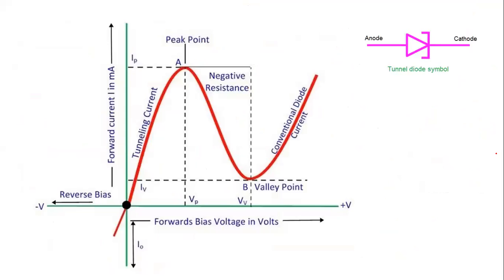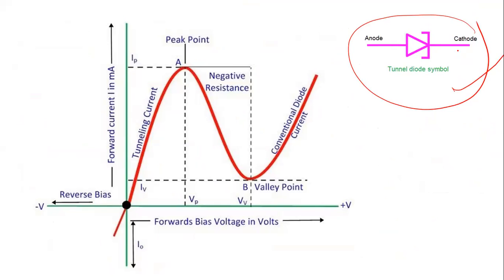The circuit symbol for the tunnel diode is this. It is a slight modification of the normal PN junction diode, just by putting this thing here, and wherever you have this, it shows that this is a tunnel diode.